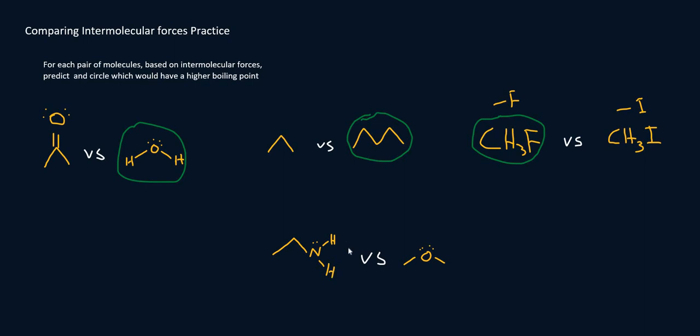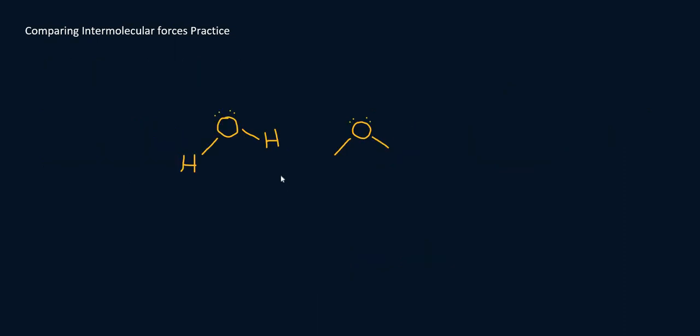But ethylamine is going to win because it can do hydrogen bonding. It meets both requirements for hydrogen bonding. Dimethyl ether cannot do hydrogen bonding, so no luck here for dimethyl ether. Dimethyl ether has a very low boiling point, actually, whereas ethylamine is going to have the higher boiling point of the two.